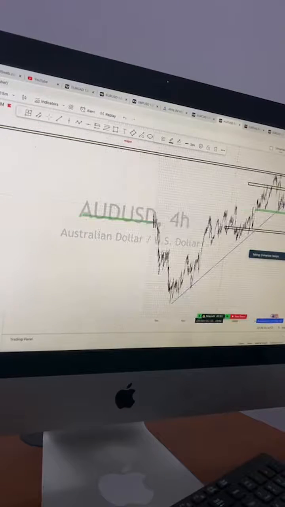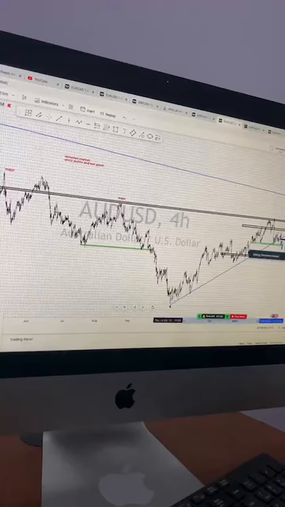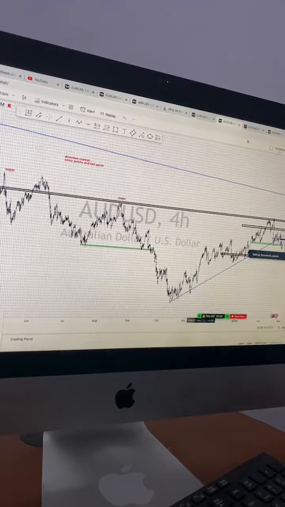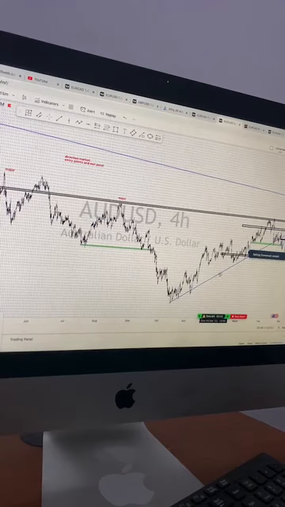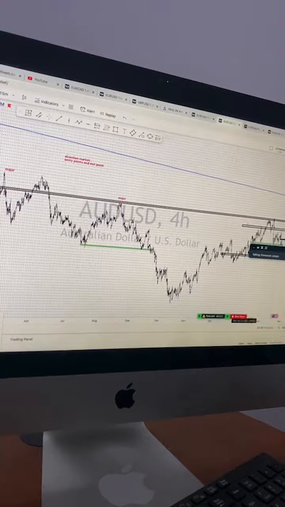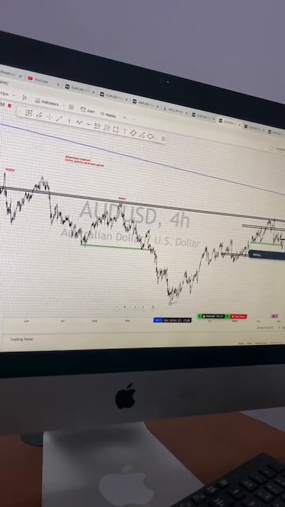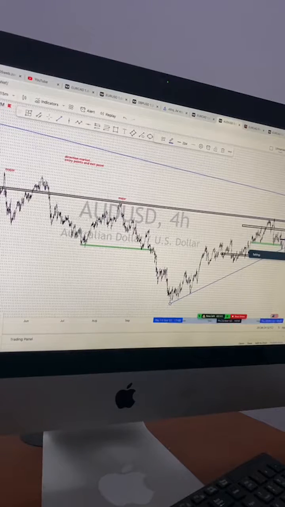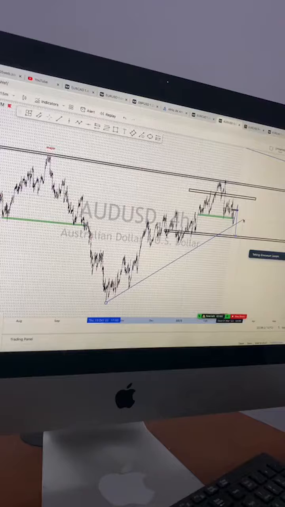Let me see if it's correct. If the trend line is correct, yeah. Let me adjust it a bit. No, it's not correct. Let me draw it properly. First one is like this. It's not correct.